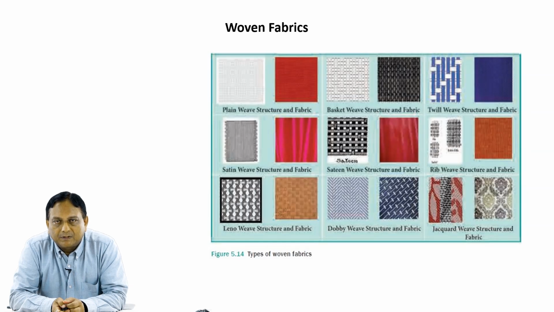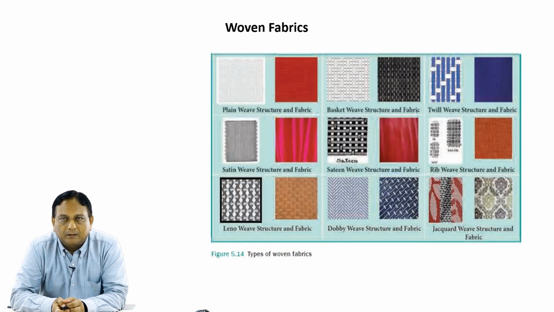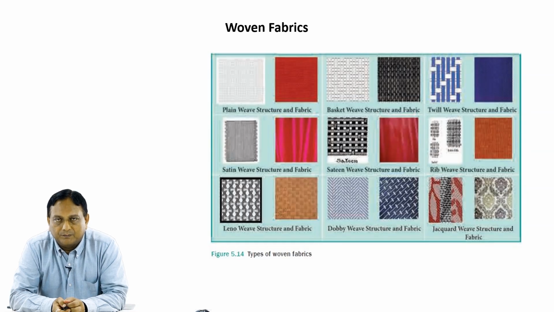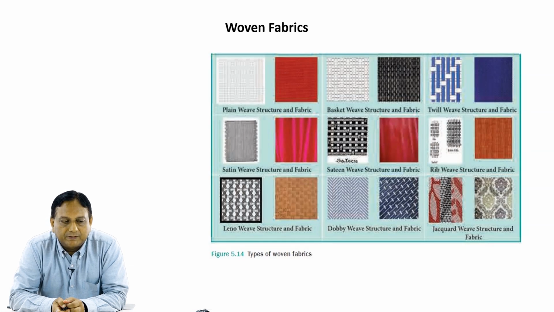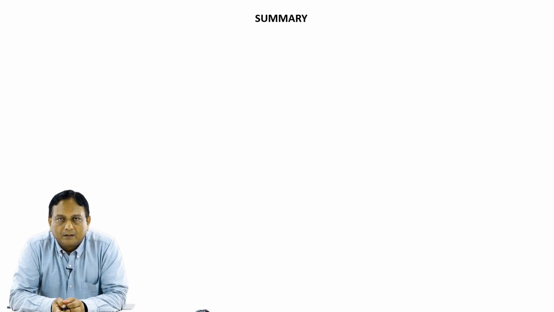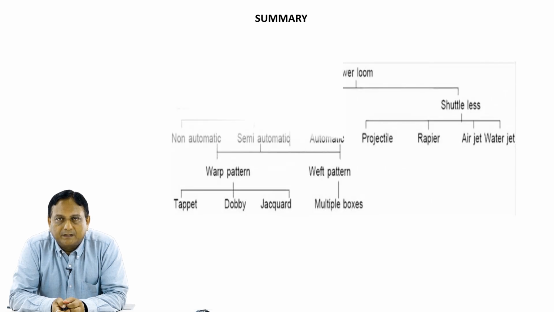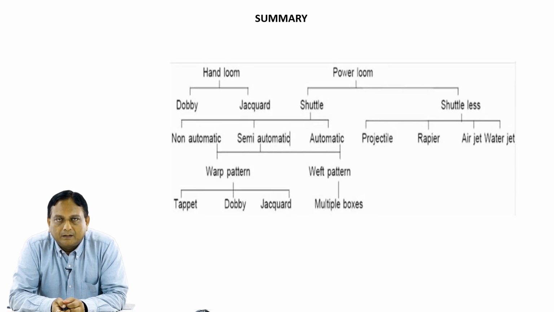Finally comes jacquard weaving, where a lot of floral patterns or all-over patterns are produced, and complicated designs can be woven by the jacquard shedding mechanism. So we have seen here the plain woven structure, then the dobby structure, and also the jacquard structures.